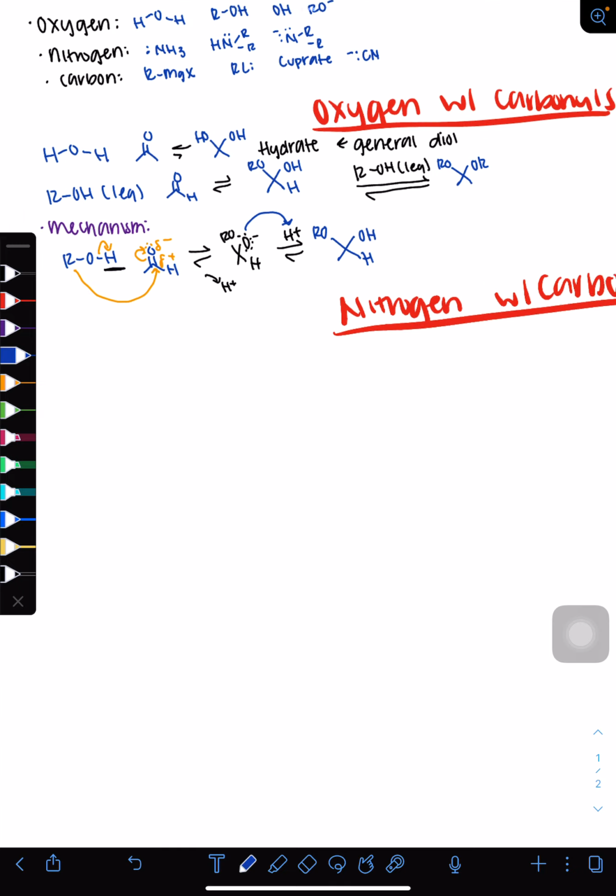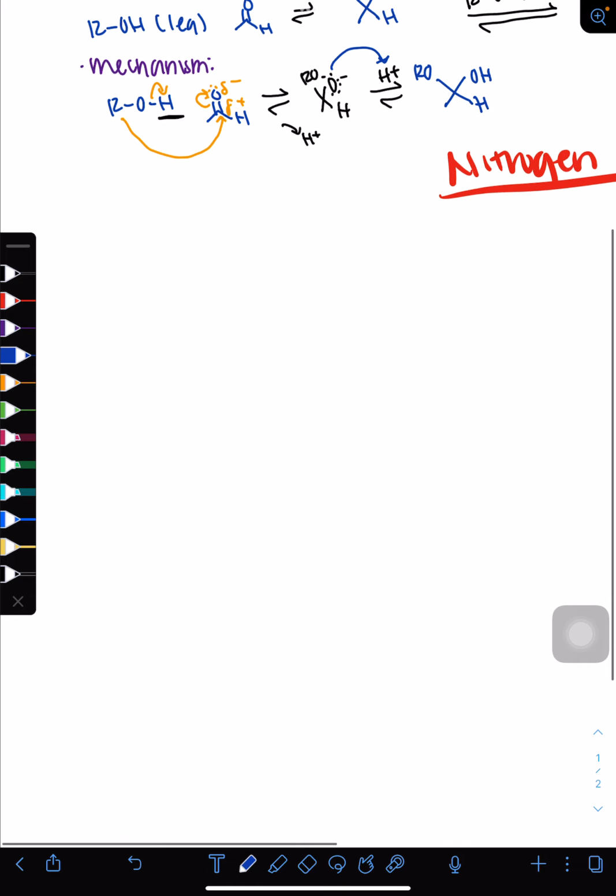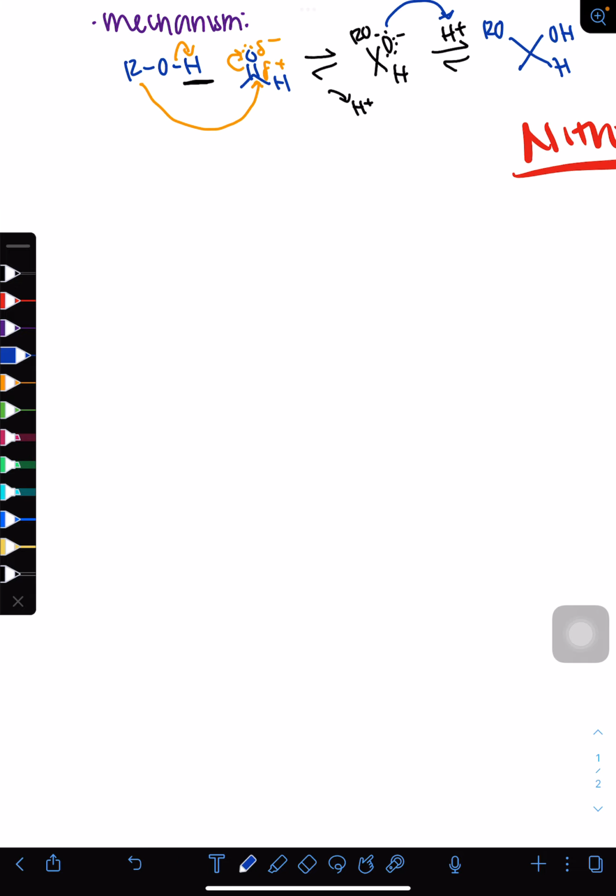So for nitrogen, I'm going to show you just some amines that we have. So we have R NH2, we have R, N, R, and then a hydrogen, and then we have nitrogen with 3 R groups.